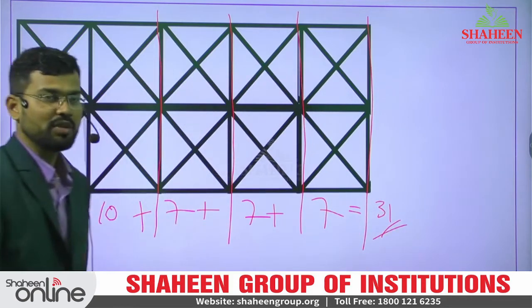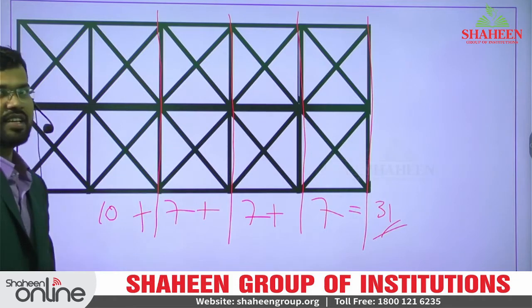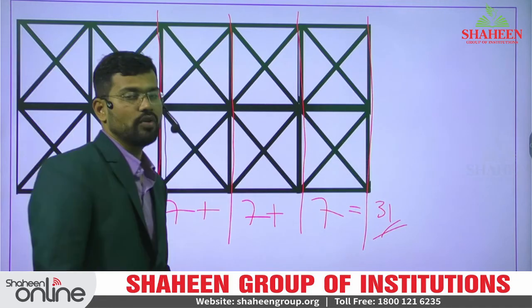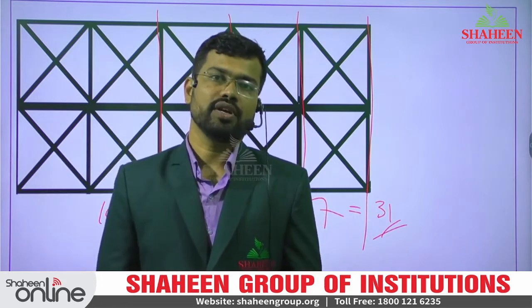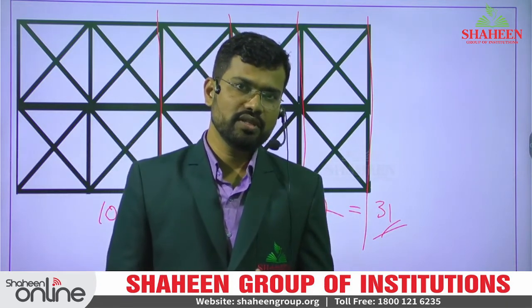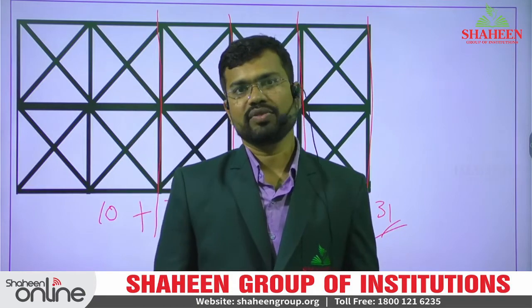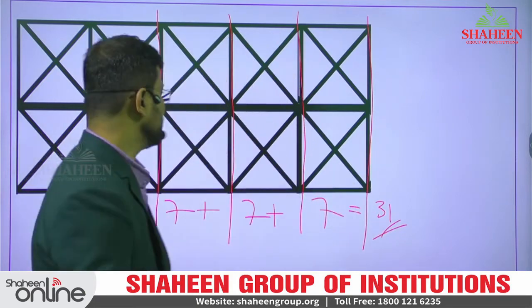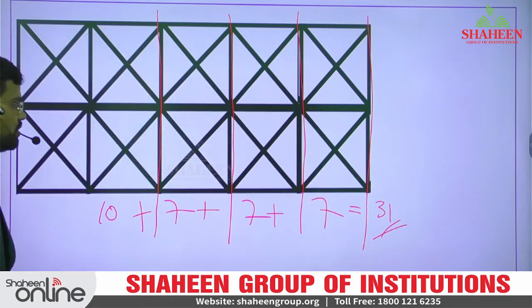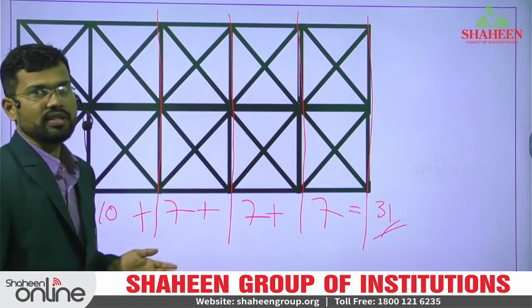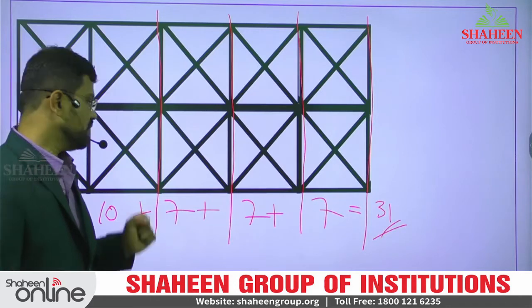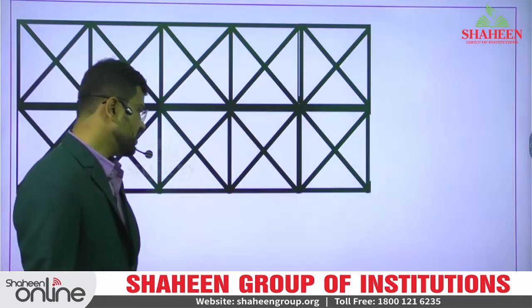How many squares are there in the given figure? I need not sit and count. This is what we are studying: the standard figures, so that it becomes very easy for us to solve the complex figure based on standard figures. So 7 into 3, 21, 21 plus 10, 31. There are 31 squares in the given figure. We have already seen it.